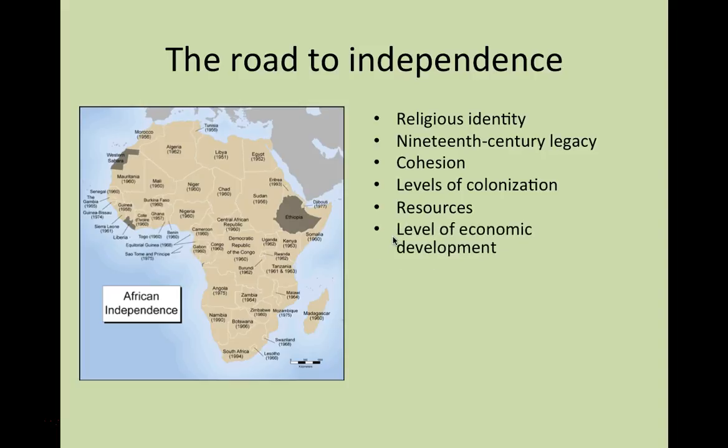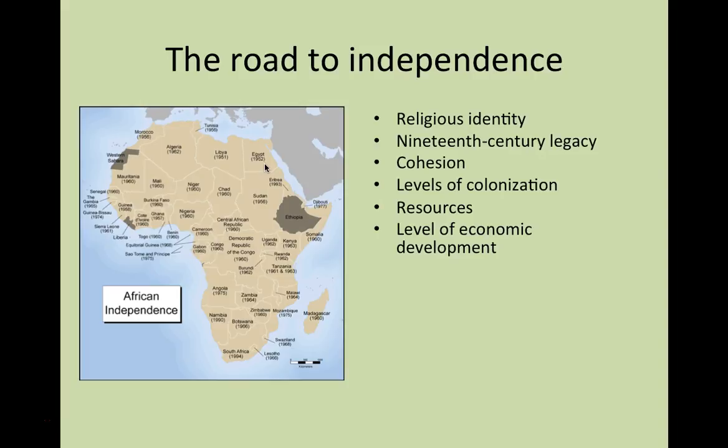The level of economic development was also a key factor. In places which had a fairly high level of development, the transition often was more smooth, and the places were ready for this. And so Egypt, for instance, had industrialization, had the Suez Canal, had other things that gave it an advantage and led to a fairly stable nation, at least initially, though there were some problems, as we'll see.